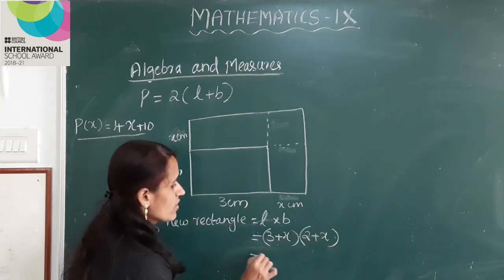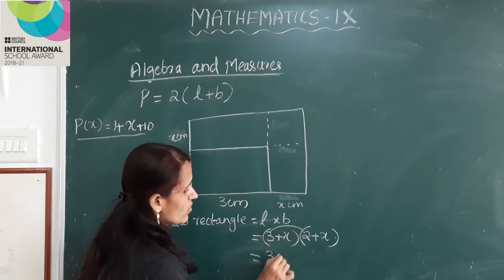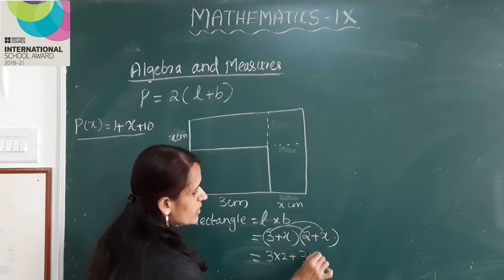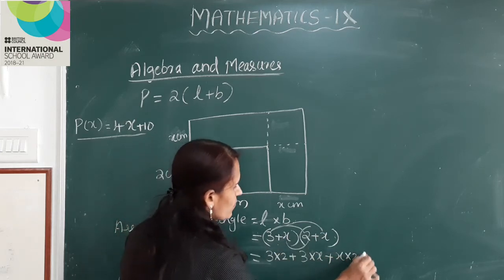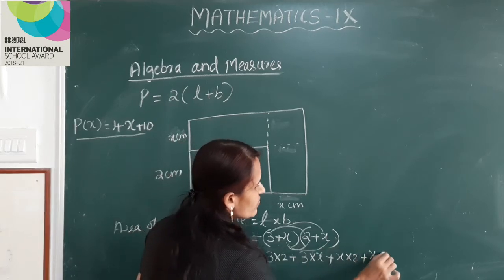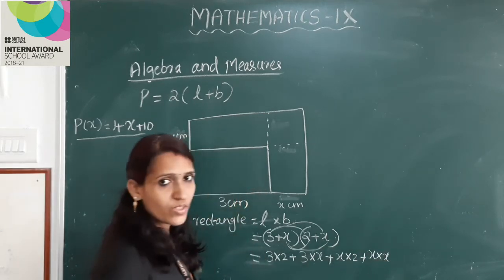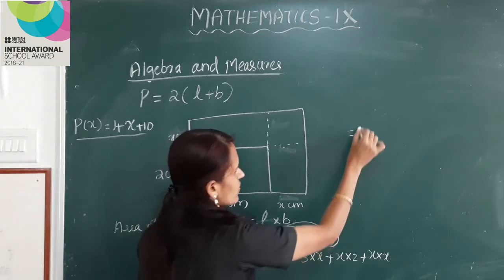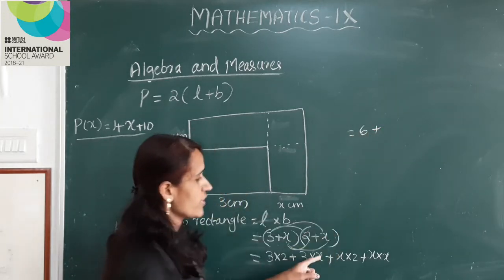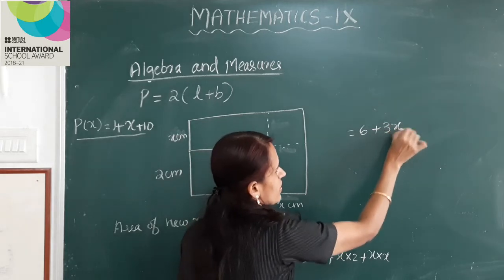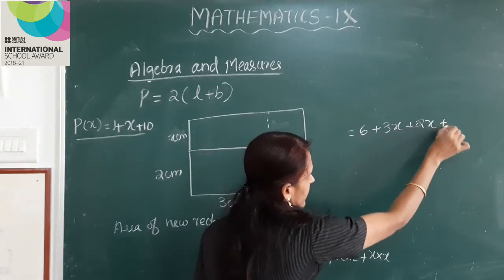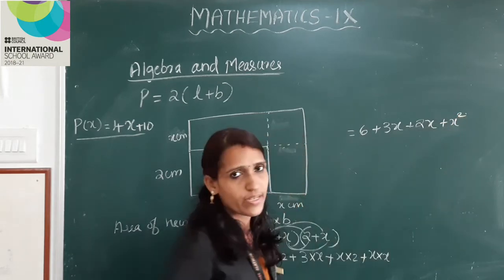Multiply this, 3 into 2 plus 3 into x plus x into 2 plus x into x. Okay, this is equal to 3 into 2, 6 plus 3 into x, 3x plus x into 2, 2x plus x into x, x square.